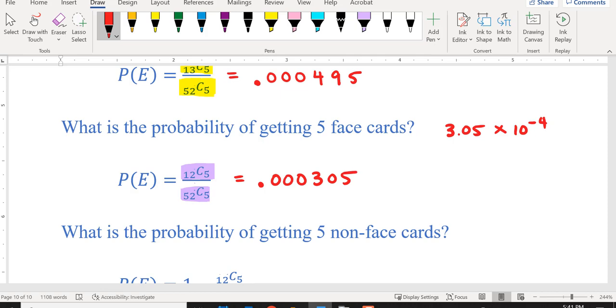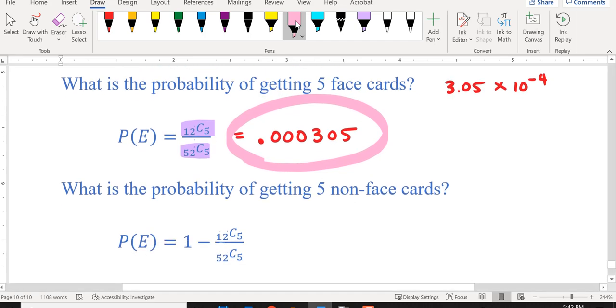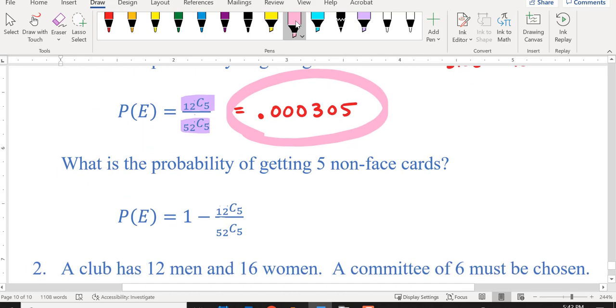Okay, what's the probability of getting 5 non-face cards? Okay, this is the probability of getting 5 face cards. The probability of not getting 5 face cards, in other words, the probability of getting 5 non-face cards, would be 1 minus that probability.